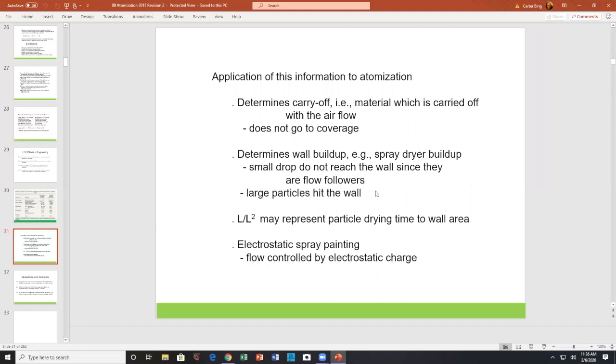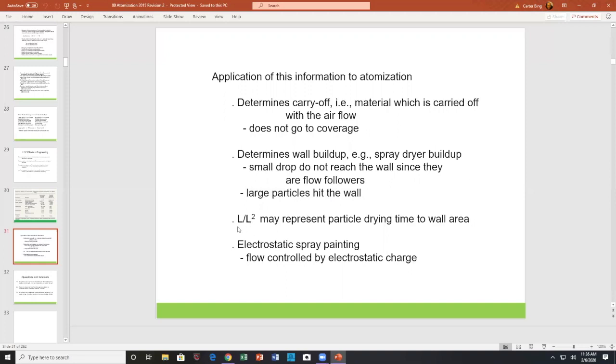Larger particles hit the wall, so this, in part, determines wall buildup. This is particularly important in spray dryers. Whether you can use a spray dryer or not really depends upon whether you have substantial wall buildup. If you have substantial wall buildup, then a spray dryer is probably not a good thing to use.